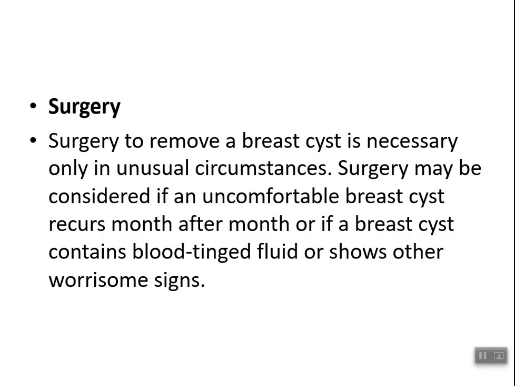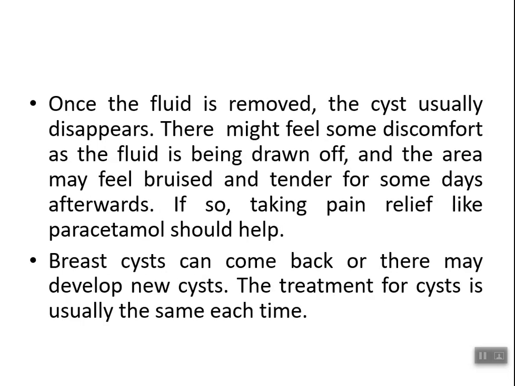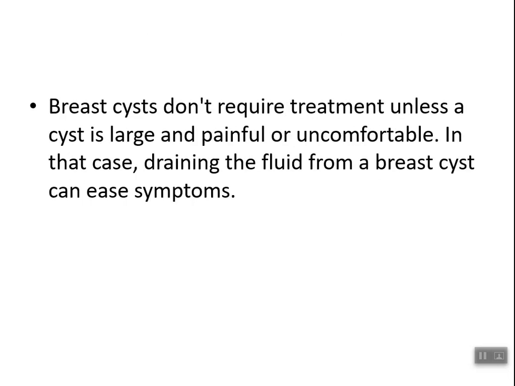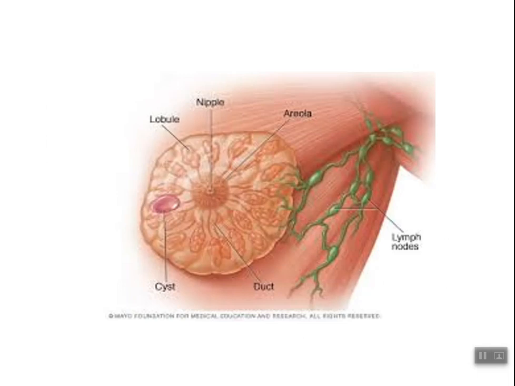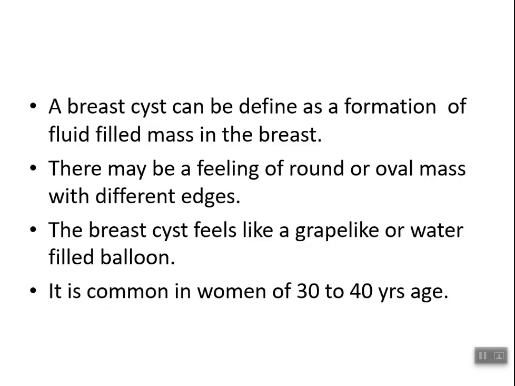We will quickly revise the breast cyst. First, we have seen the definition: a fluid-filled lump present inside the breast. There is a diagram showing lobule, nipple, areola, ducts, cyst, and lymph nodes.